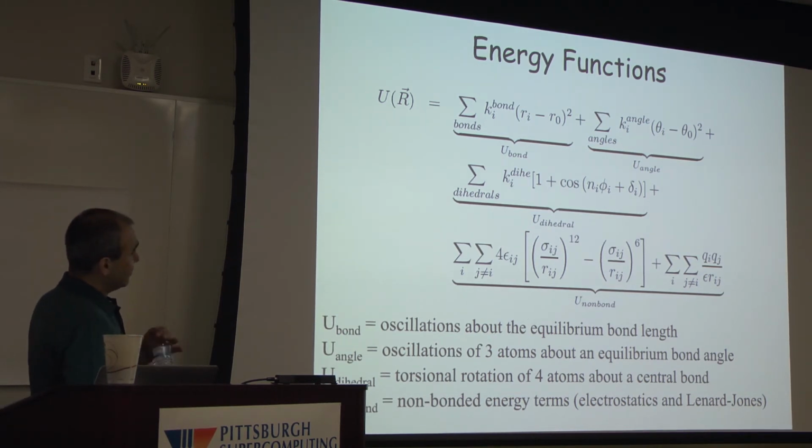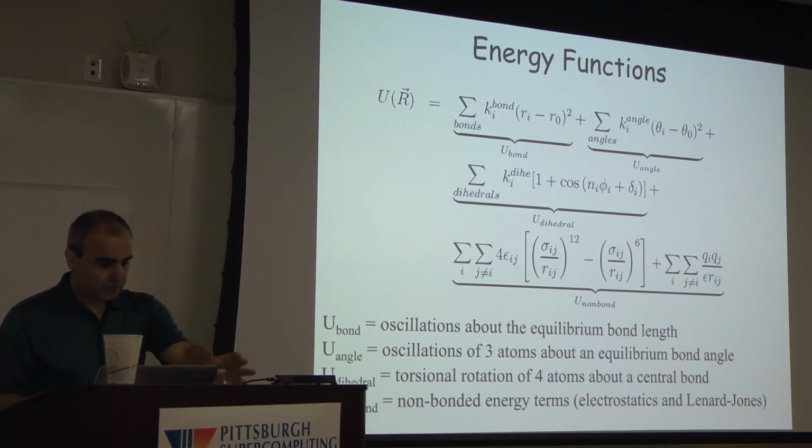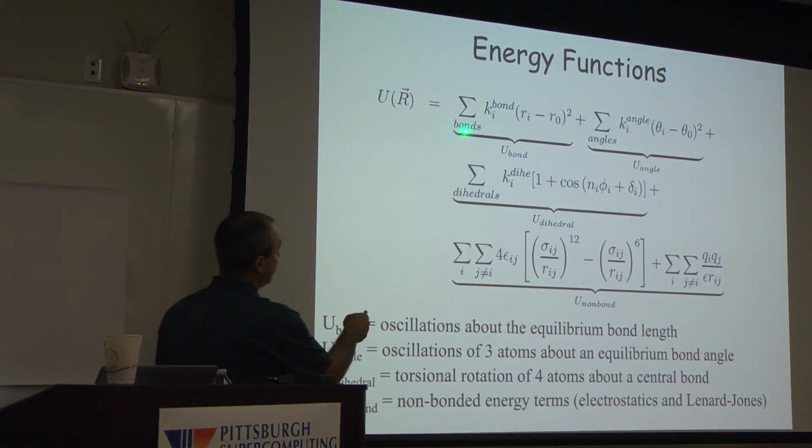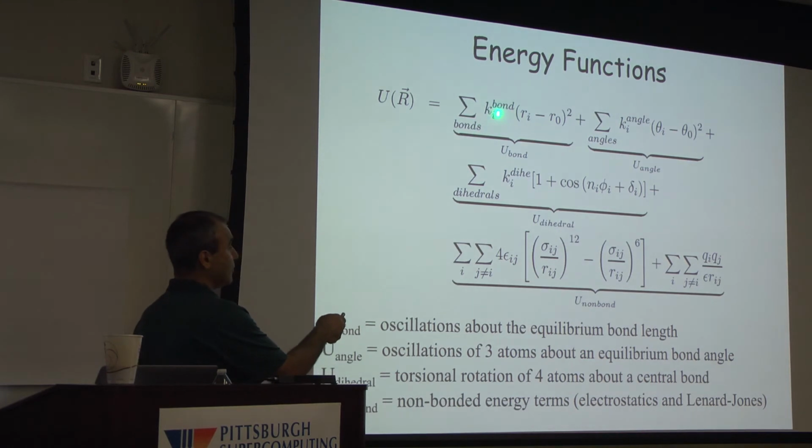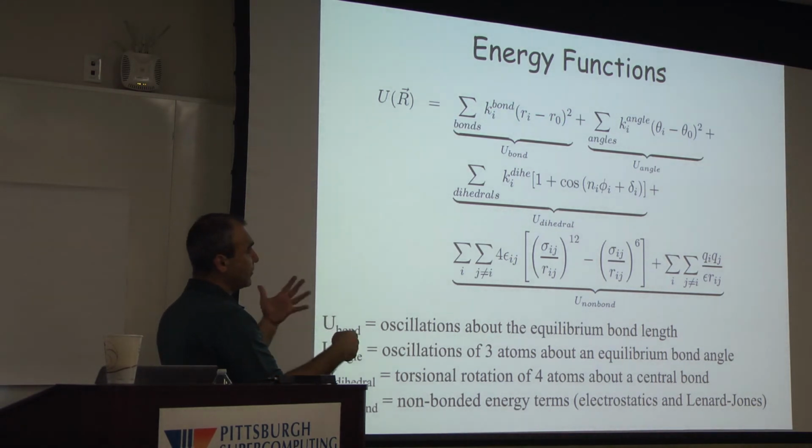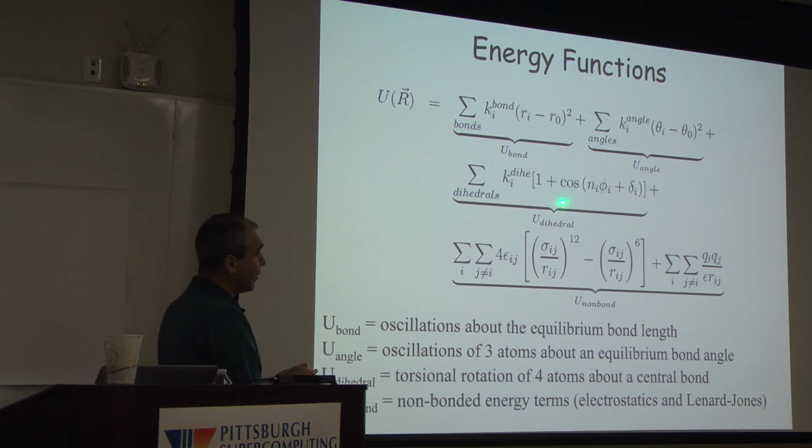So you have the bonds here. All the bonds should be defined. Each bond is described as a spring. For each bond, I have a force constant and an equilibrium value, and I have to define this for all types of bonds in my system. Angles are also defined as quadratic functions, so again you need the force constant and equilibrium value. Dihedral angles are defined as cosine functions.